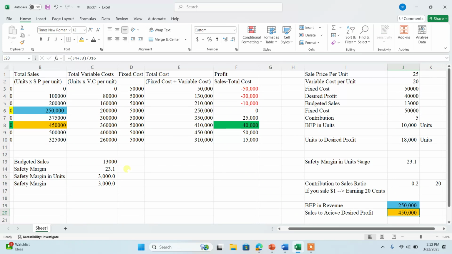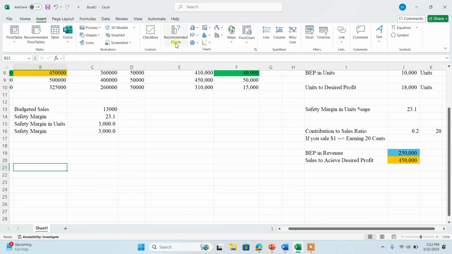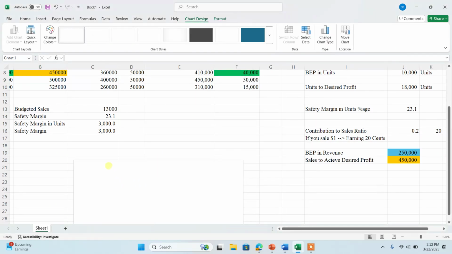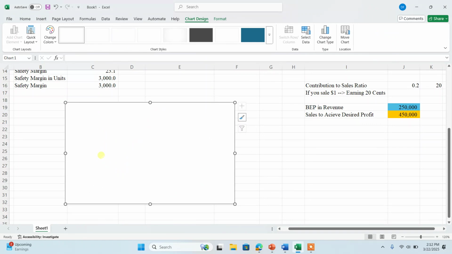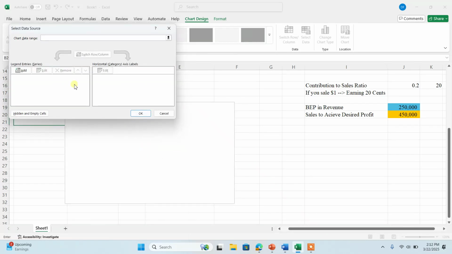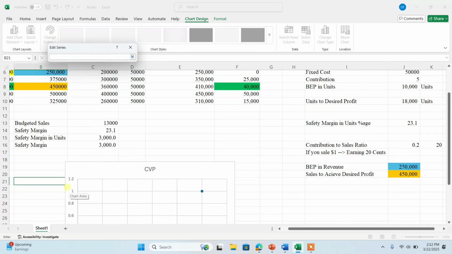If you want to check it using a graph, you can take help from the graph also. Let's suppose I'm going to draw the graph. On the x-axis, I'm taking the number of units.